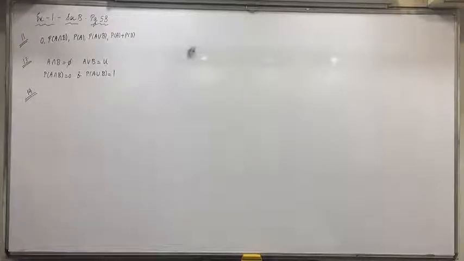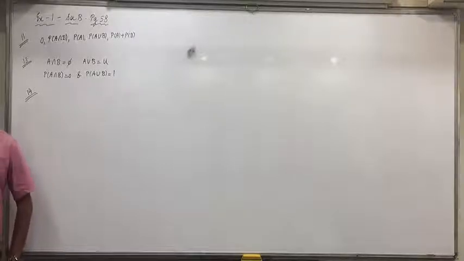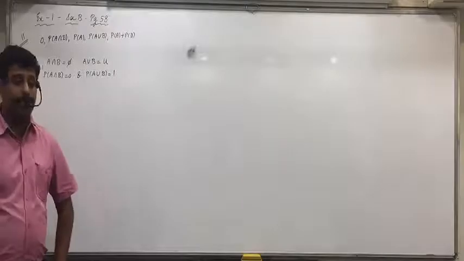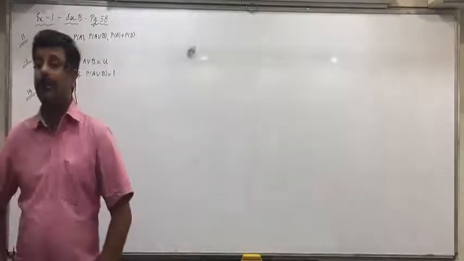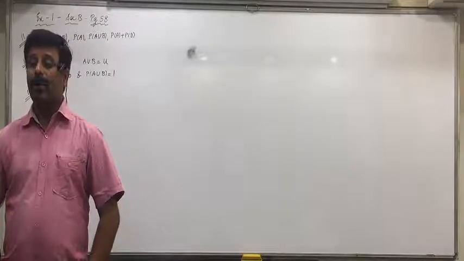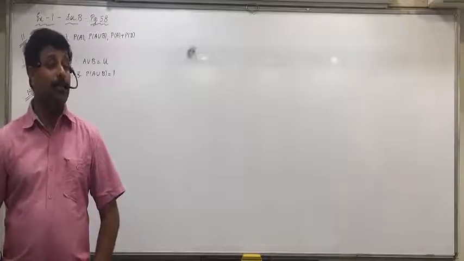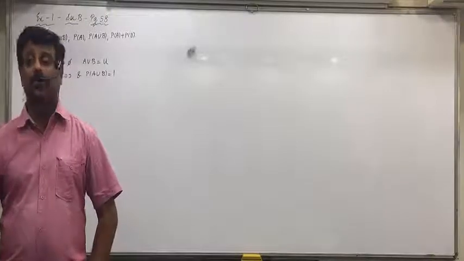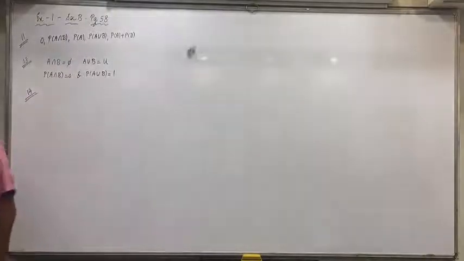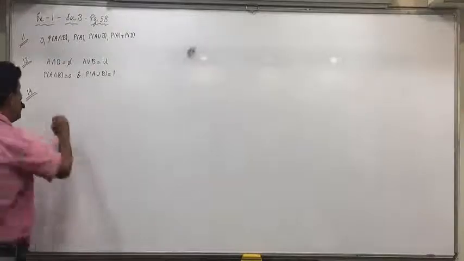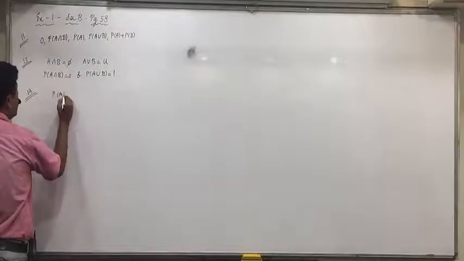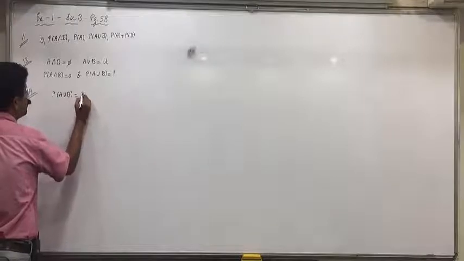Question 14. For 2 events A and B in a sample space, if the events are independent. So what does independent events mean? P of A intersection B equals PA into PB. Then state the formula of P of A union B. What is the normal formula of P of A union B?